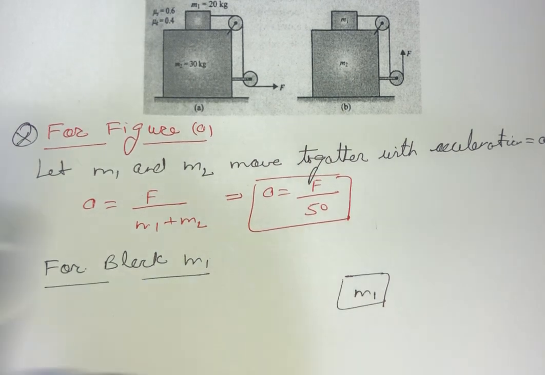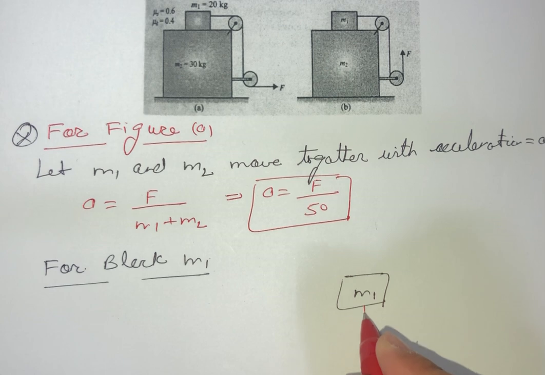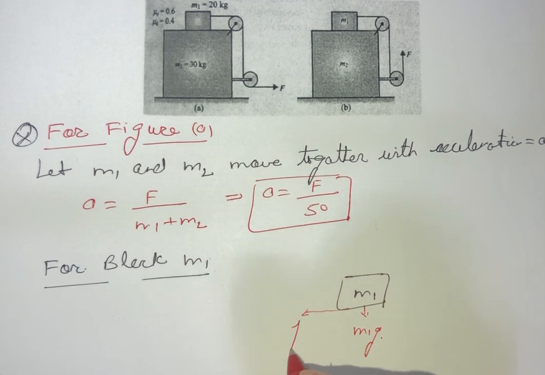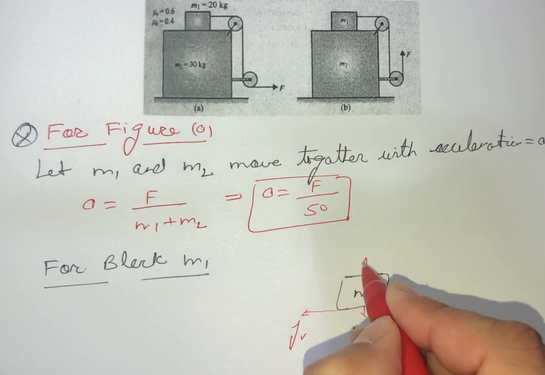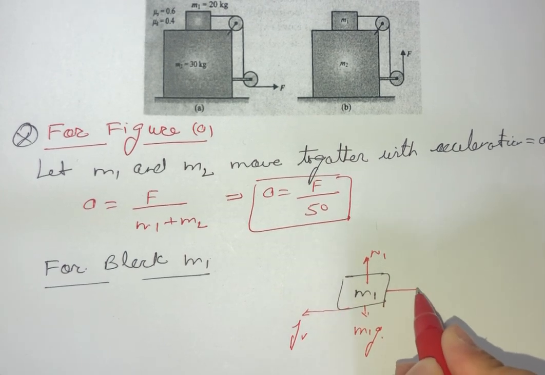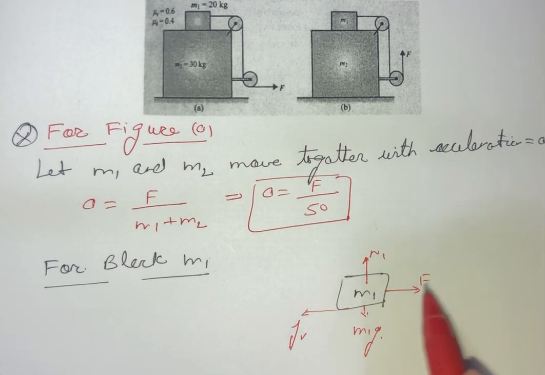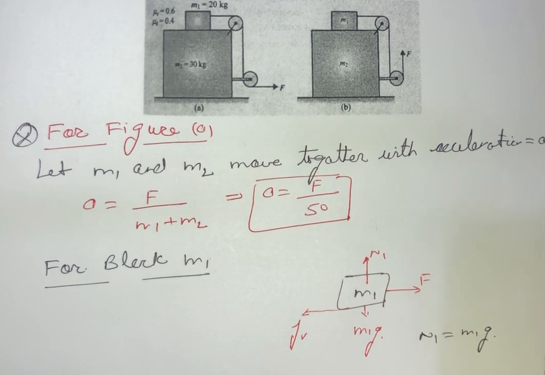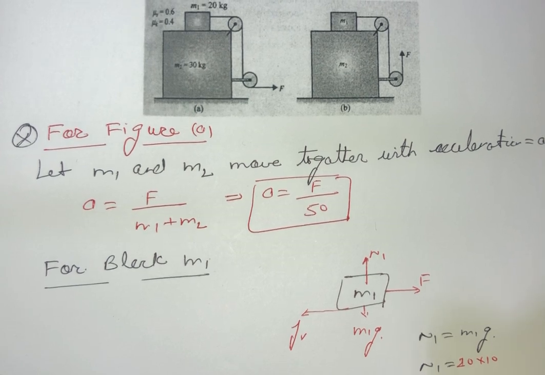We have this block M1, and in the downward direction we have M1G, and there is friction, which we denote as Fr, and there is normal N1 in the upward direction, and the force with which it will be pulled, let us call it F. Basically it will be tension, and T will be equal to F, so we call it a simple force F. The normal N1 will be equal to M1G, and the mass is given as 20, G is 10, so N1 is 20 into 10, which gives N1 equal to 200 Newton.